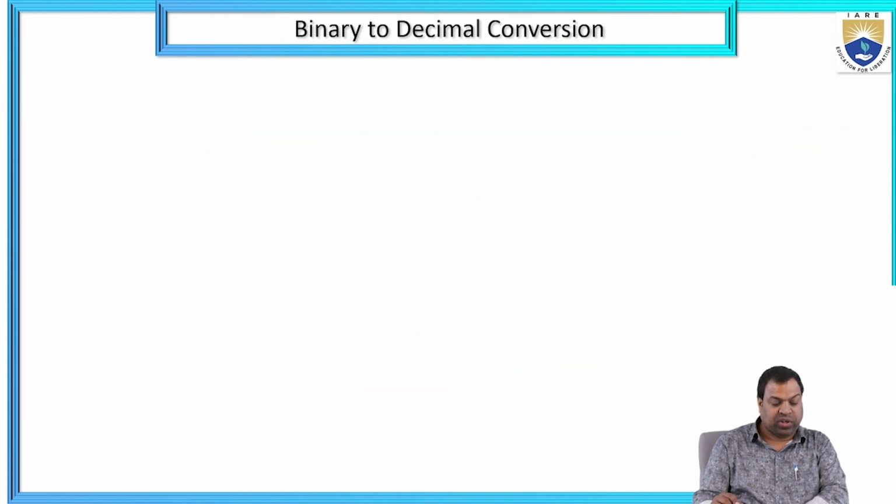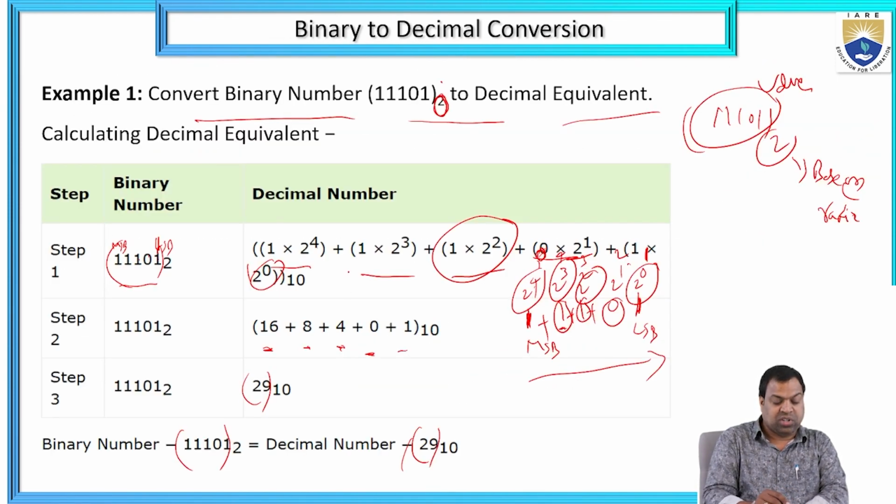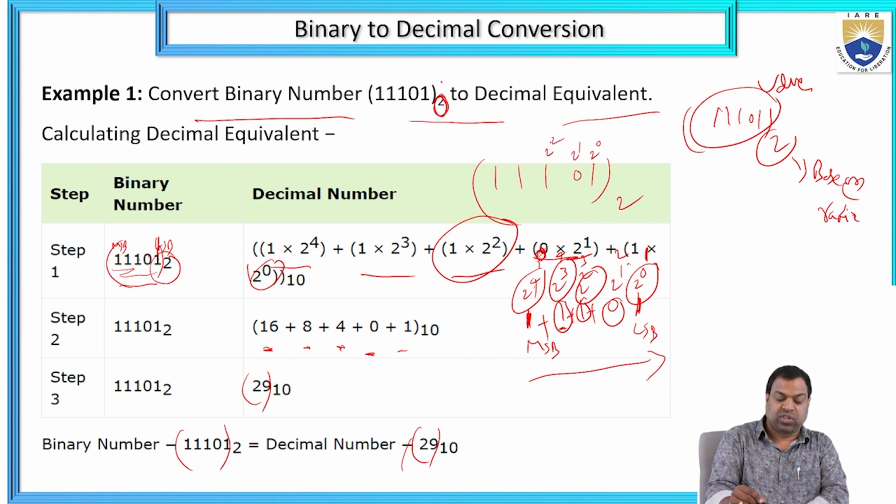So we have to find binary to decimal. I take the binary value and multiply with the radix value. The binary value is 11101, and the base value is 2. Here I take digits from MSB to LSB. 11101 base 2 has place values 2 power 0, 2 power 1, 2 square, 2 cube, 2 power 4.